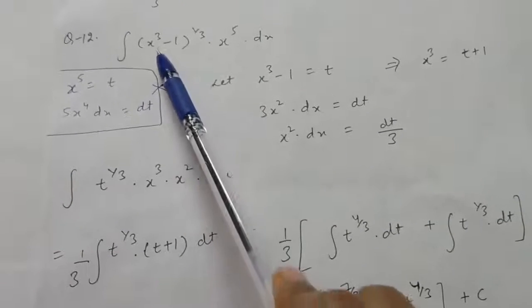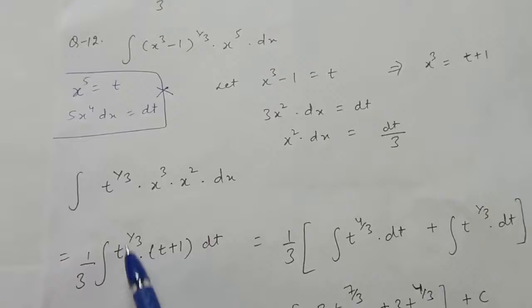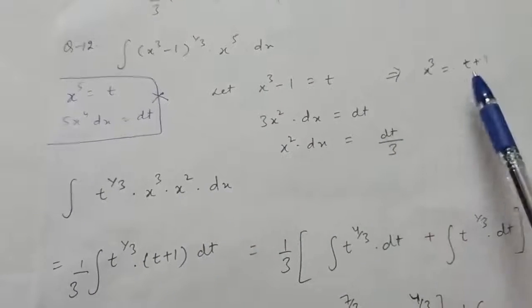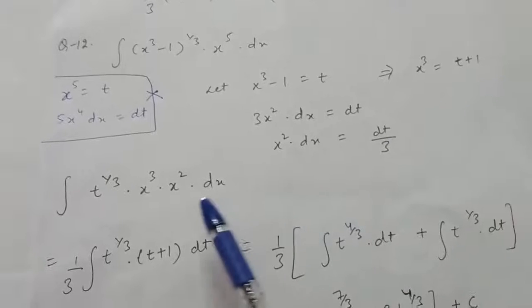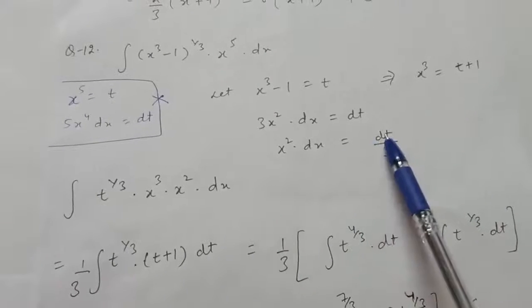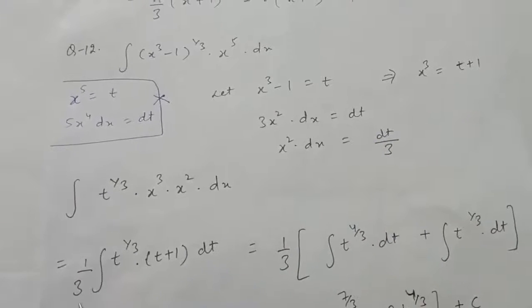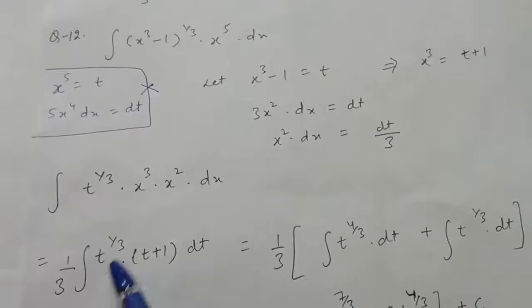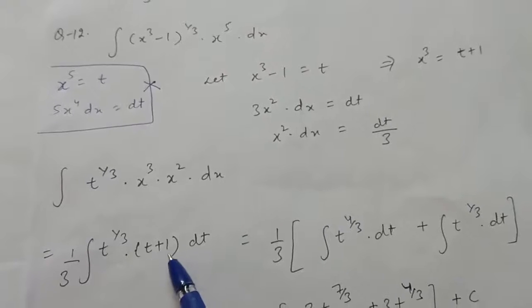integral of, in place of x cube minus 1, t, so t raised to the power 1 by 3 into, in place of x cube, t plus 1, and in place of x square dx, dt by 3. So it is equal to 1 by 3. Now multiply this t raised to the power 1 by 3 with both of these terms.